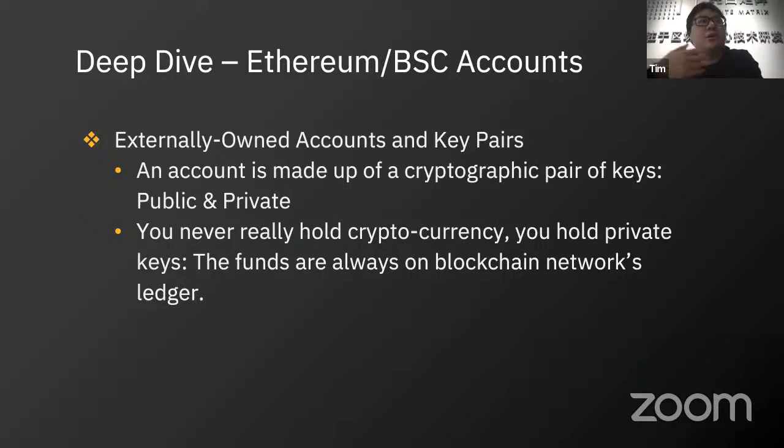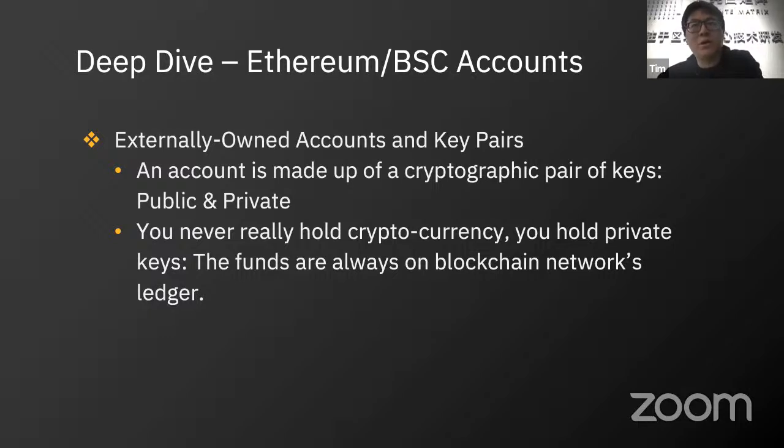Okay, so external accounts and key pairs. What's the relationship? An account is made up of a cryptographic pair of keys, basically a public key and a private key, right? You need to sign your transaction with a private key, and other people can use the public key to validate that transaction. So you never really hold any cryptocurrency. You hold the private keys.